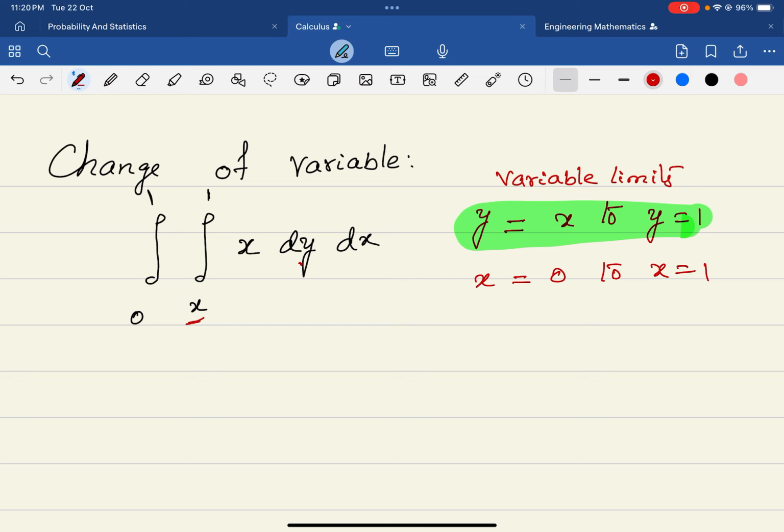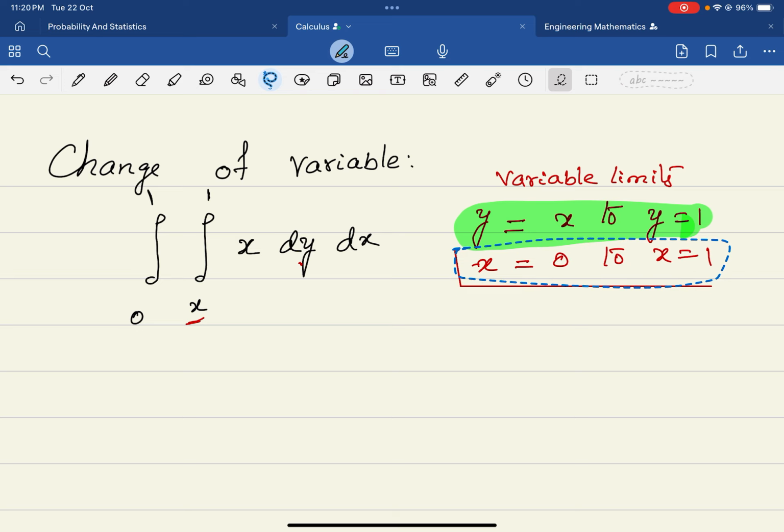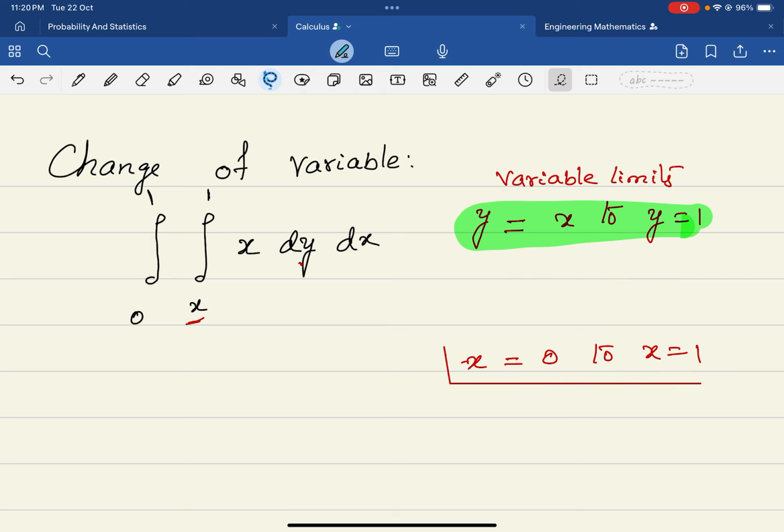So the variable limits are y. And what are the constant limits? Let us now write down the constant limits.